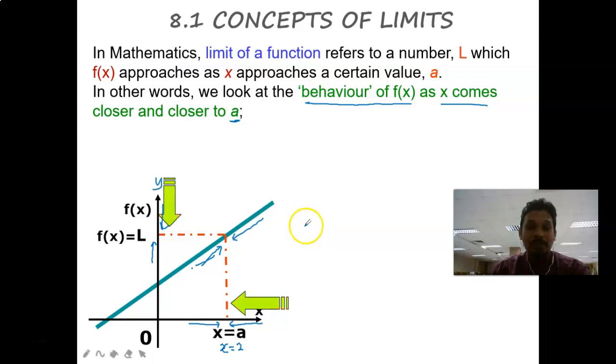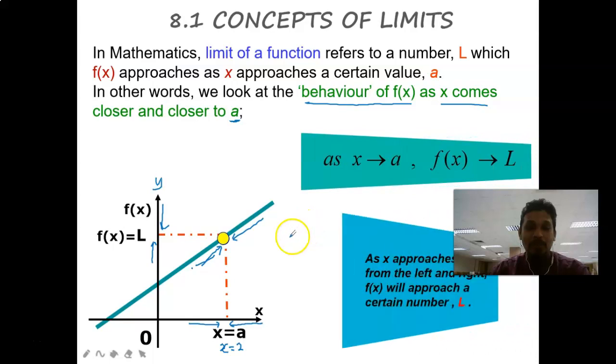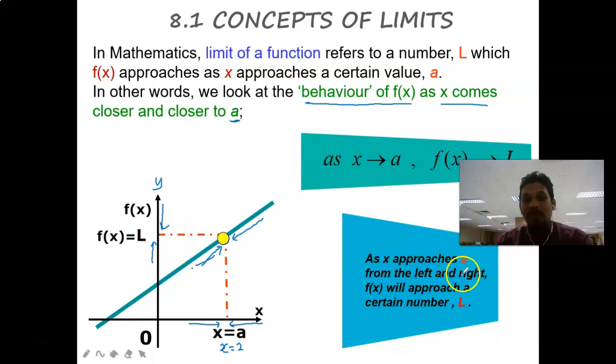So the graph approaches L from left and right, and y approaches L from above and from below. When x approaches a from the left and right, f(x) approaches a certain value L.